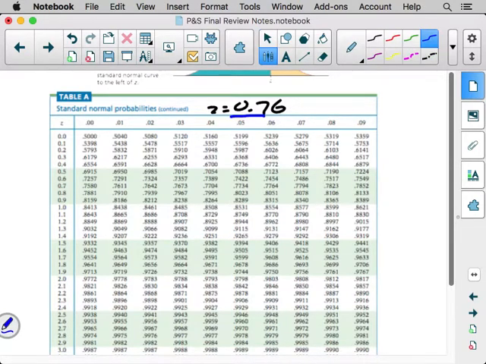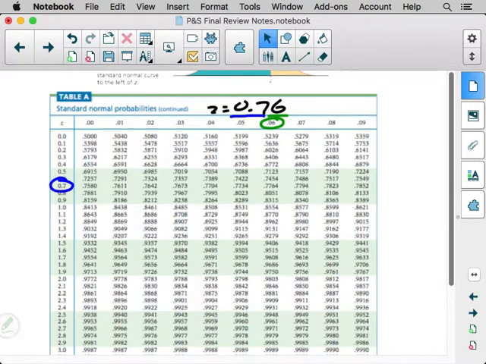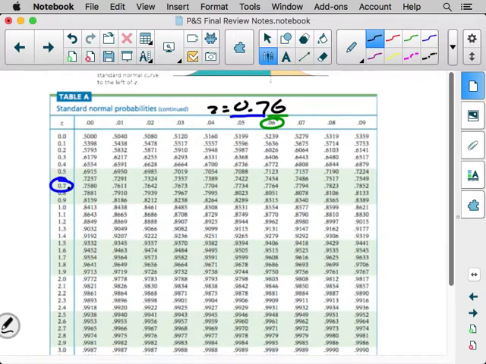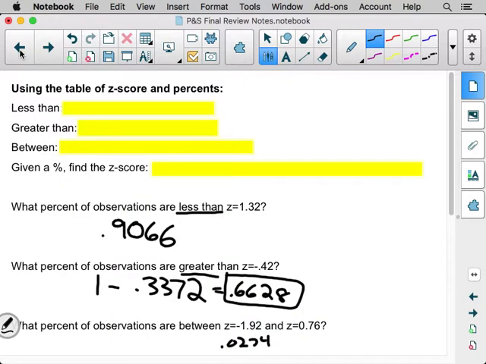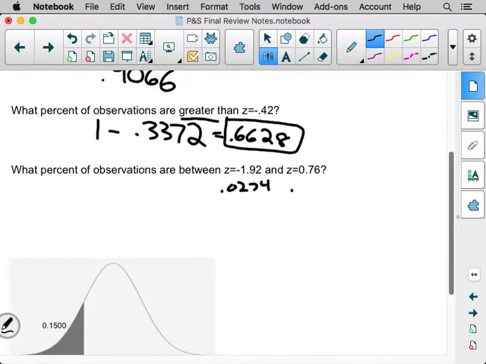This tells you to go down to the 0.7. This tells you to go over to the 6. And again, find where they meet. And here they meet at 0.7764.